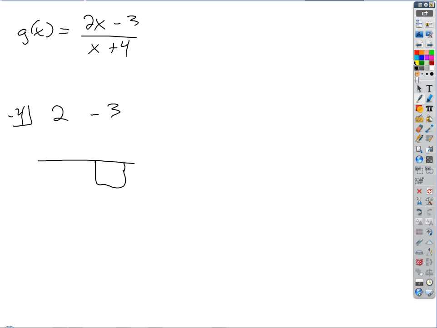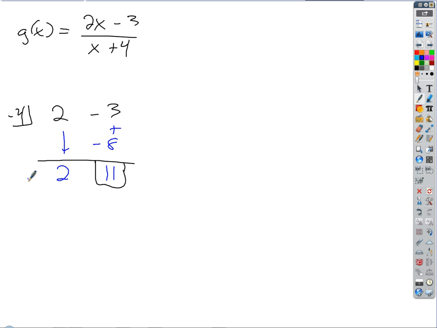Okay, so what do we get? If I drop the 2 down, what do I do next? Multiply. 2 times -4 is -8. I add, and what's the remainder? -11. Okay, so that's telling us then, this is the constant, the next number over would be the coefficient of x, etc. Right? Yes, ma'am? How do you get 11?